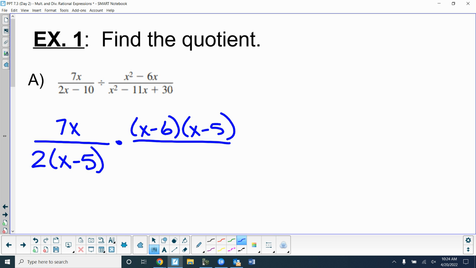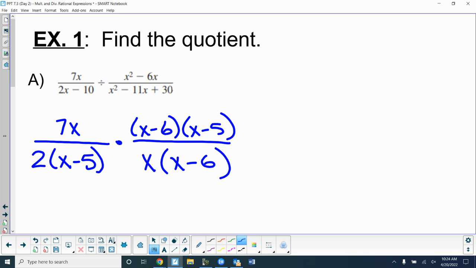Then I'm taking this numerator and putting it in the bottom, x is the GCF, and then I get x minus 6. So what I do is when I write it on my paper, I write it as a multiplication problem. So just take the second fraction, when it's division, flip it, and do everything else the same we did last night. Factor what you can factor, cancel factors, and then go from there.